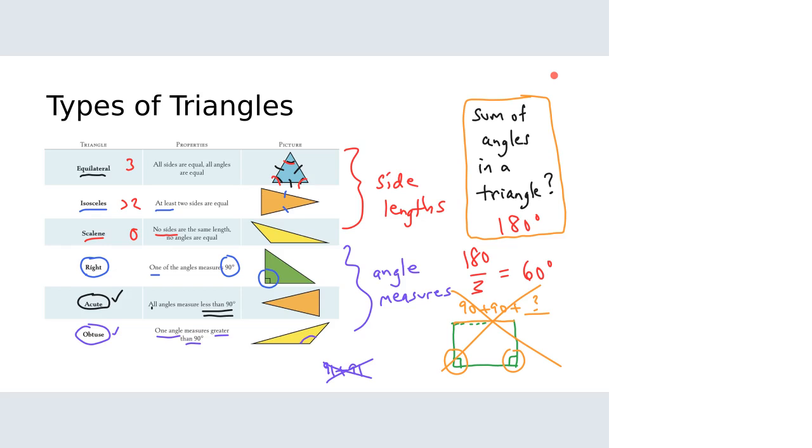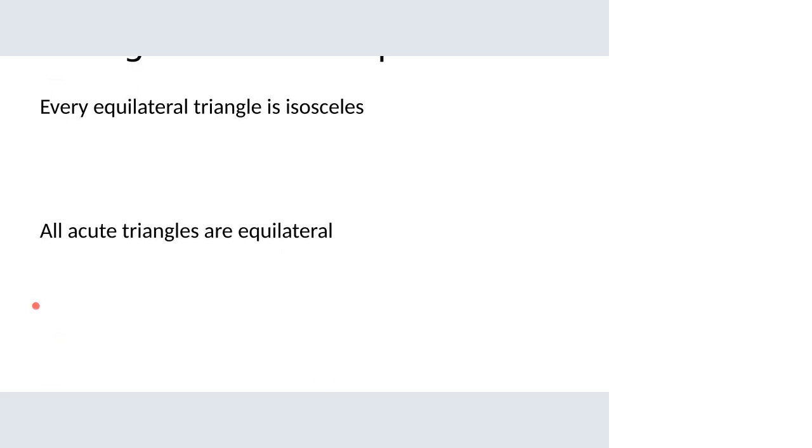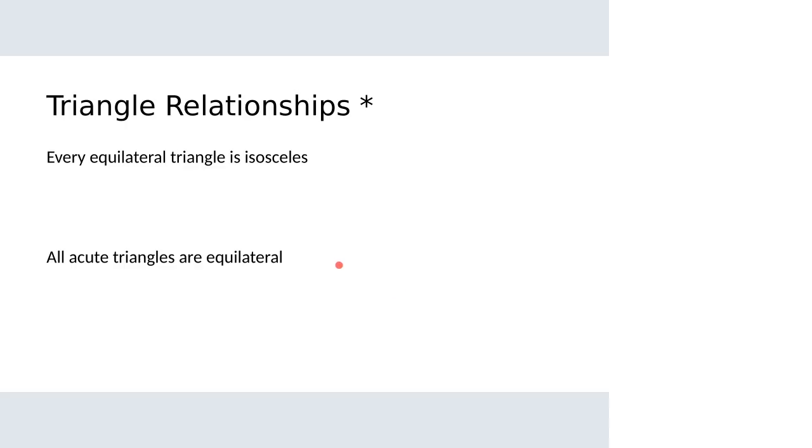And then just like we did with our quadrilaterals, we're going to extend this into true-false questions about these properties and definitions. Let's look at a couple. Some true-false questions, just like we did on Tuesday. Every equilateral triangle is isosceles. And then the second one, all acute triangles are equilateral. I'm going to set up a poll for this one and give you a chance to try it.